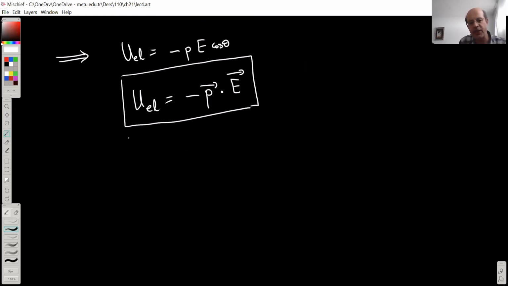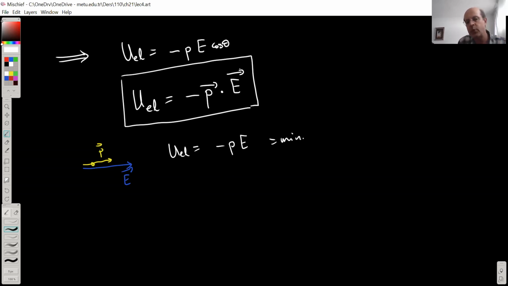So this is the expression in here, but there are these two situations that are of importance. When the dipole moment and the electric field are parallel to each other, in that case, the potential energy is equal to minus P times E in magnitude. So that's the minimum possible value.